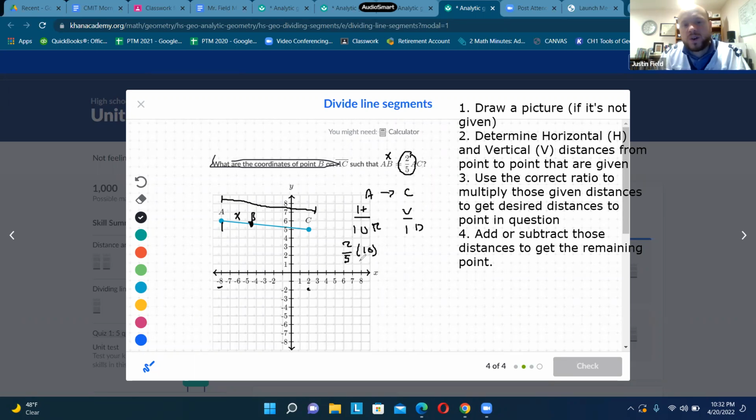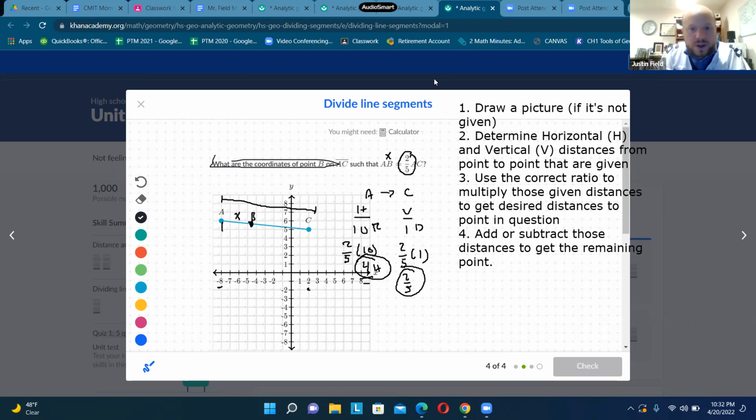That's 20/5, which is 4. And 2/5 times 1 is just 2/5. So our new horizontal distance is 4 and our new vertical distance is 2/5.